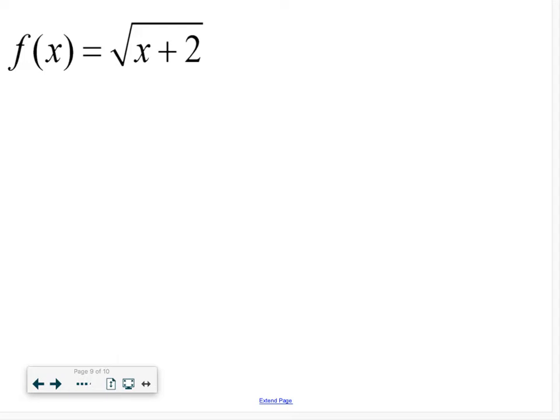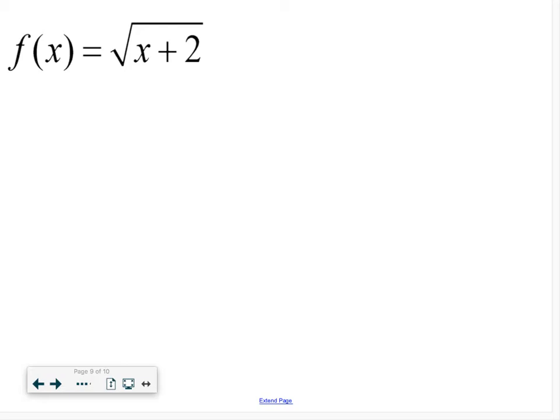It makes sense. Domain I got bracket 0, comma, and then range I got bracket 2. I knew that already.